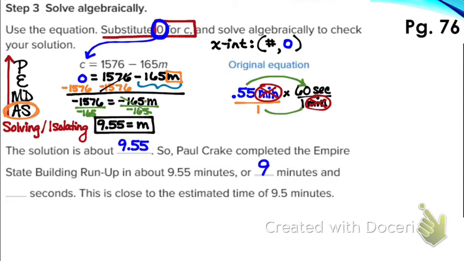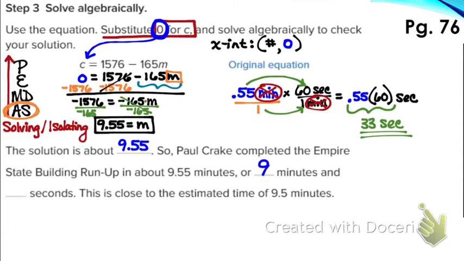Top to top, bottom to bottom. So what am I going to be multiplying together then? Yes, 0.55 is going to get multiplied to 60, and this will give me the number of seconds. When you multiply these two together, we get 33 seconds.